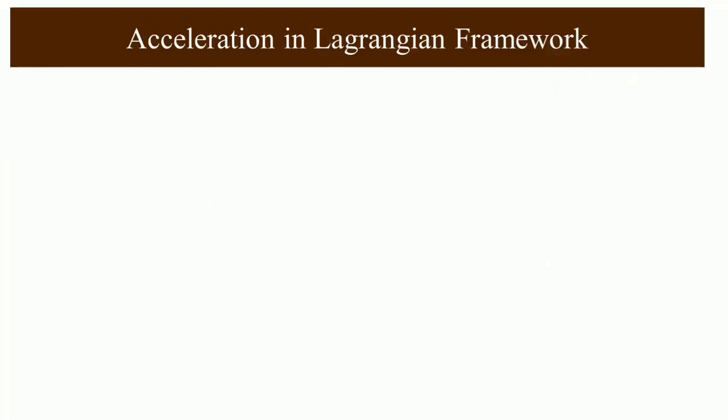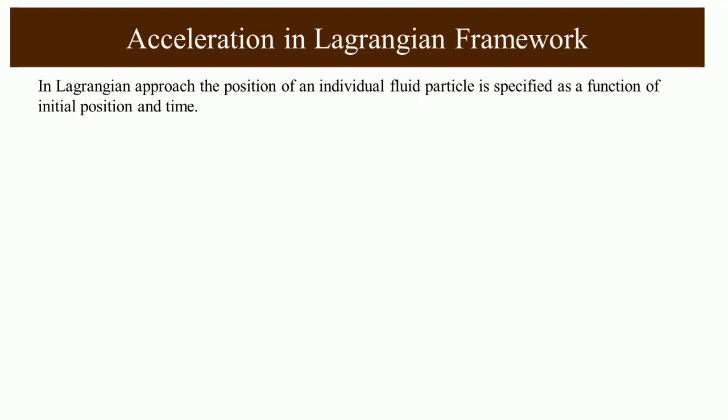First of all, we will see what is acceleration in the Lagrangian framework. In the Lagrangian approach, if we recall from the previous video, the position of an individual fluid particle is specified as a function of initial position and time. That means s, a vector, is given as a function of original location and time.